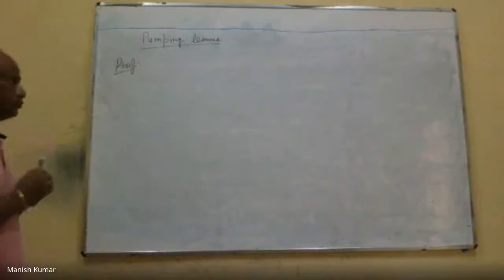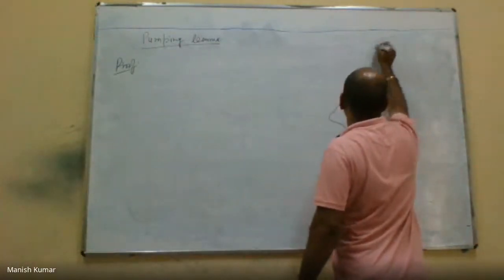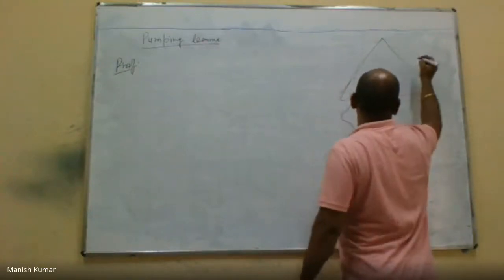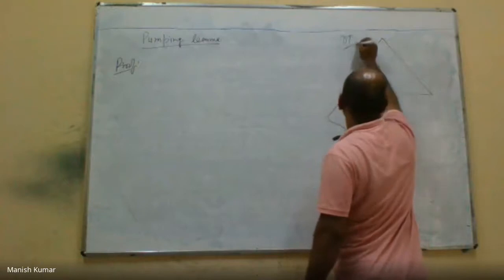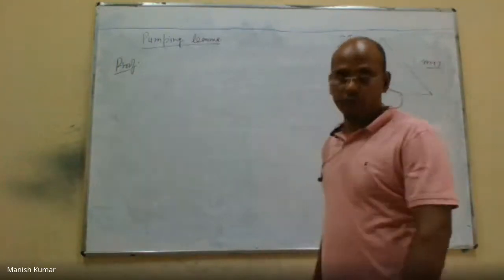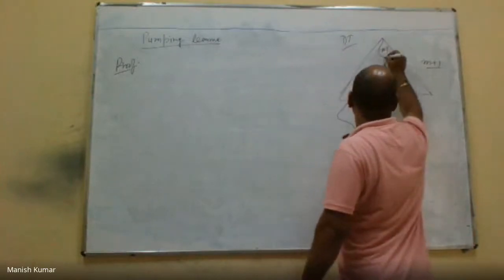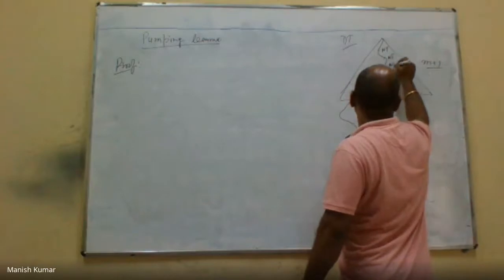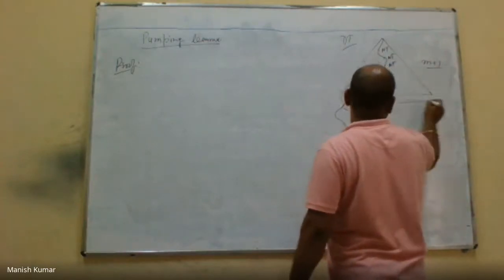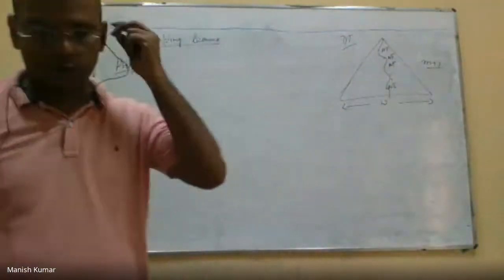Now, this is my derivation tree with the longest path m plus 1. Certainly it involves non-terminals, and this is what we have.